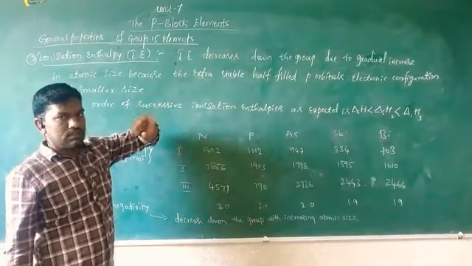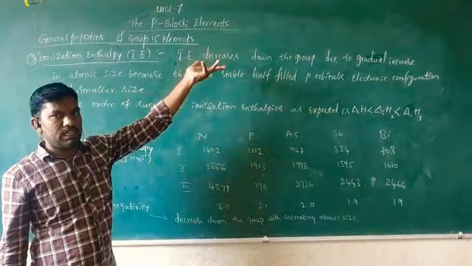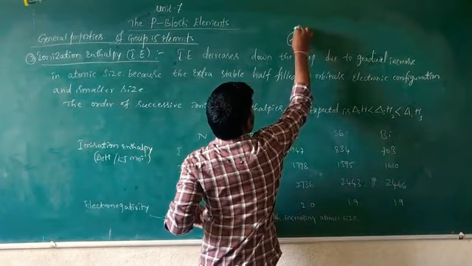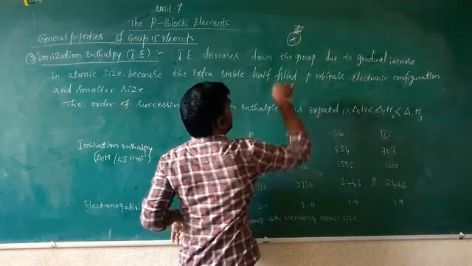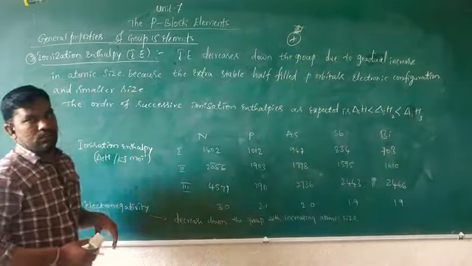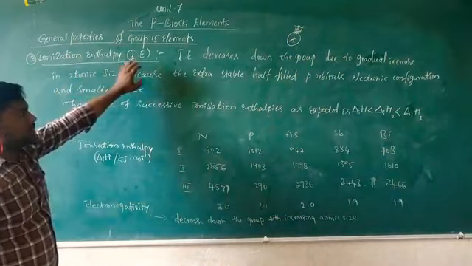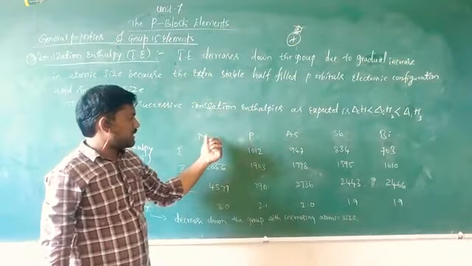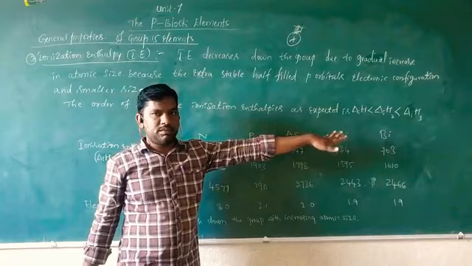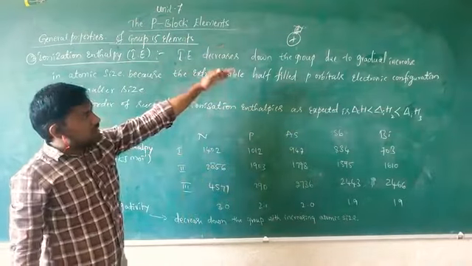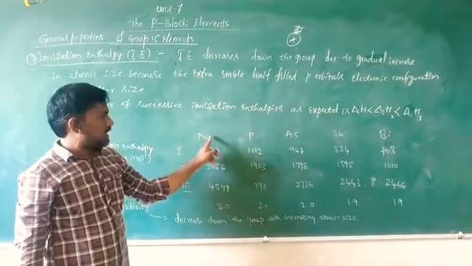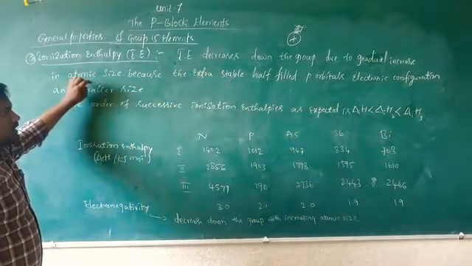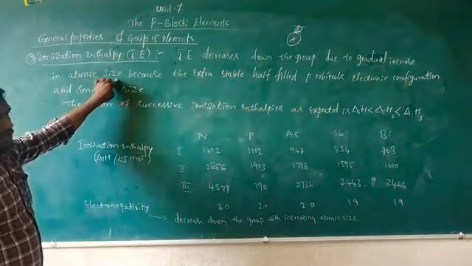The minimum energy required to remove the outermost electron is called ionization enthalpy. Ionization enthalpy in group 15 elements, nitrogen to bismuth, decreases down the group due to the gradual increase in atomic size.